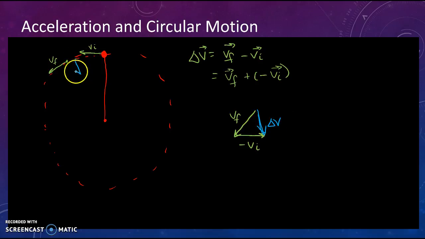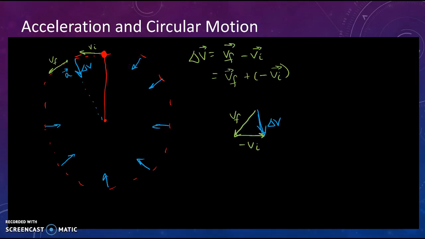And if you look at it, that delta V is pointing towards the center of the circle. And therefore, because my acceleration has to point in the same direction as the change in velocity, we'll say the acceleration is also pointing towards the center of the circle. And as this travels around, you'll notice that the acceleration keeps on changing direction. And that's what makes this motion different than what we've considered so far.